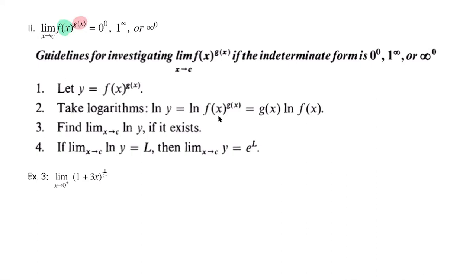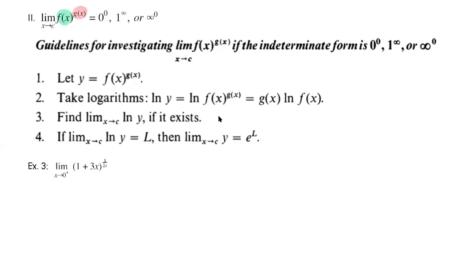And so here are some situations that might get sticky for us. We might end up with 0 to the 0, 1 to the infinity, or infinity to the 0. And all of those indeterminate forms means that we're going to try these next 4 steps that we see here.